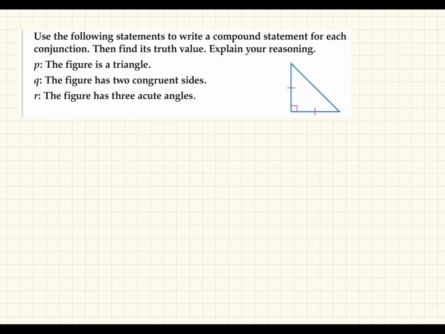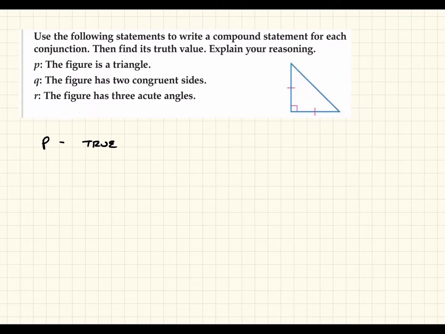The first statement, P, is: the figure is a triangle. We take a look at the figure and we say yes, the truth value for that statement is true. So statement P is true. Everybody okay so far? Good.